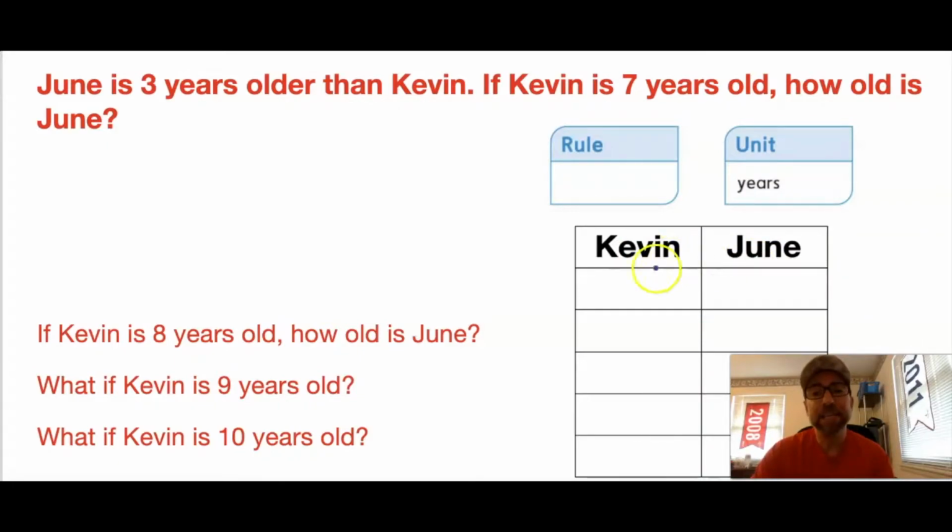And if Kevin is 7 years old, how old will June be? Now we know that June is 3 years older than Kevin. So how old do you think June will be if Kevin is 7? June is 10 years old.